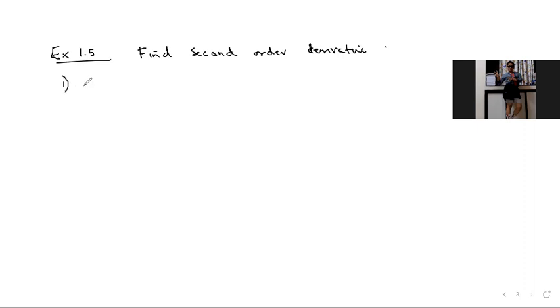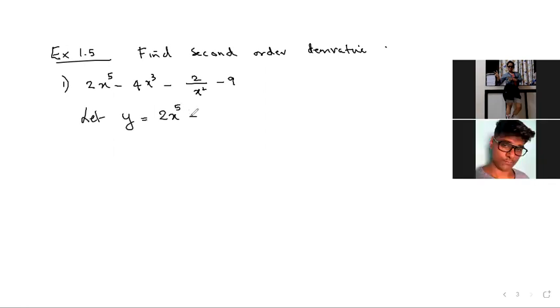First one: 2x raised to 5 minus 4x cubed minus 2 by x square minus 9. You have to find the second order derivative of this. You will start with let y equal to this. Two by x square, I'm writing x raised to minus 2. Now find the first derivative. What are the different notations that I can use?